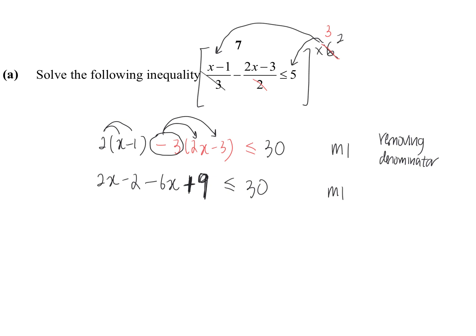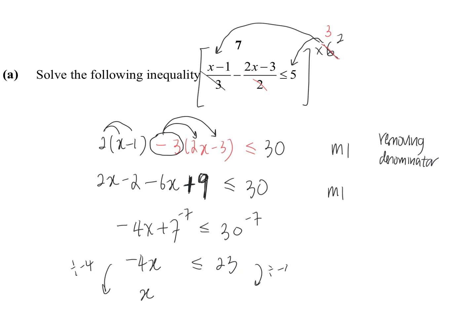Then finally, when you simplify it, you will get minus 7, so 23 here. Correct, right? Then x will be divided by negative 4, divided by negative 4. So you flip the sign.